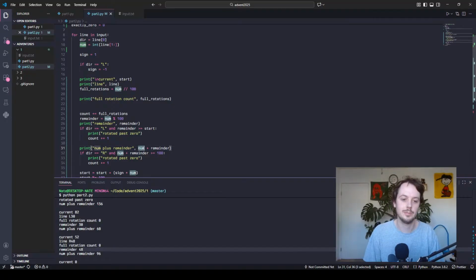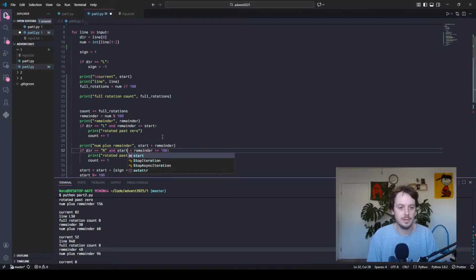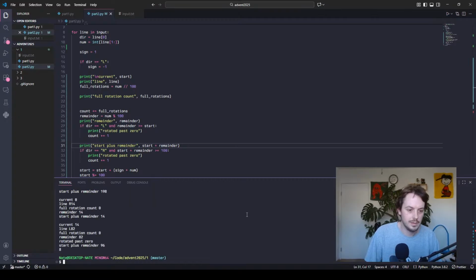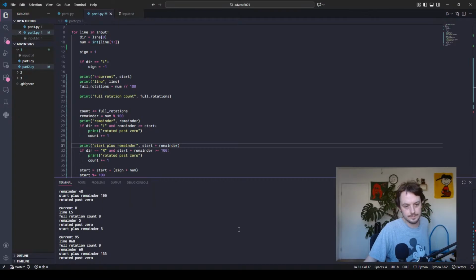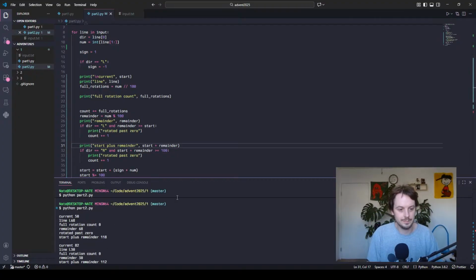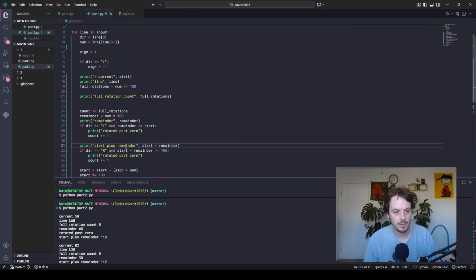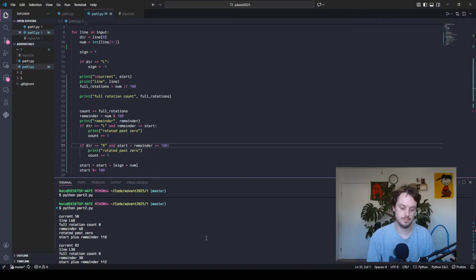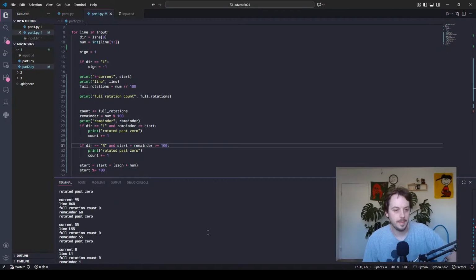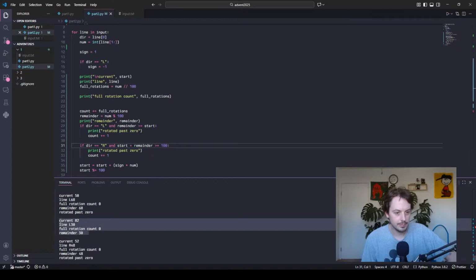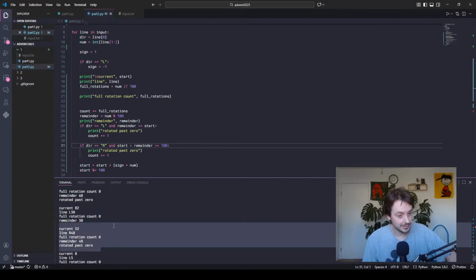Oh, because it's start plus remainder. Okay, we're starting to crack the code. Okay, rotated past 0. Rotated past 0.